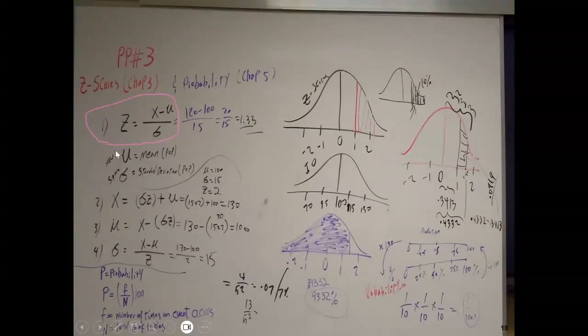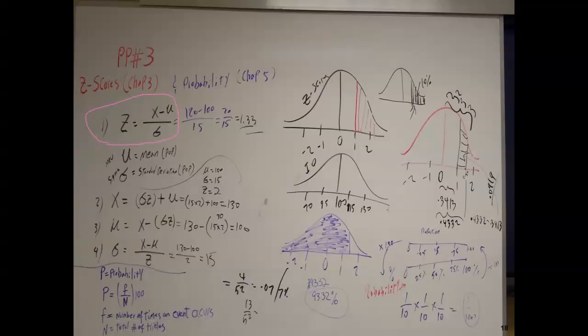What you need to know is if the question asks you about the value of z, number one, then you should know the score, the mean, and the standard deviation. You can see that example we already did, 120 minus 100 on that.